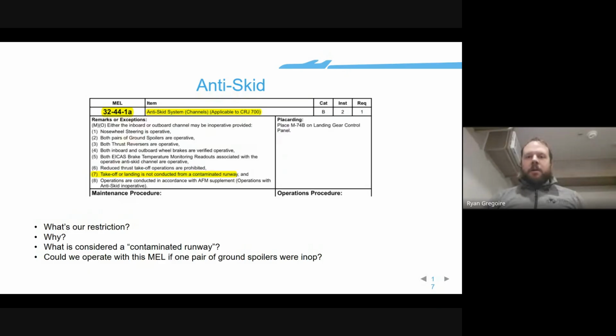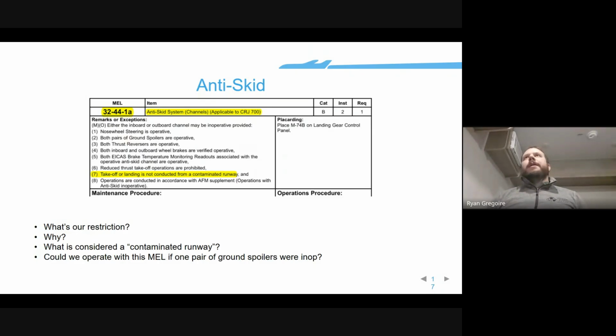And then I have to have an argument with the dispatcher or the pilot or whoever it may be about why it is not contaminated per the FAA's definition of a contaminated runway and all performance limiting factors that state a contaminated runway.